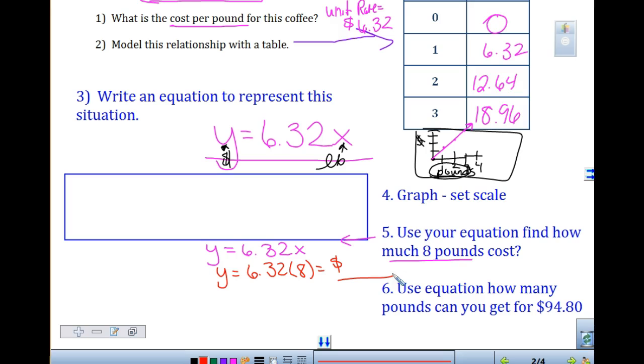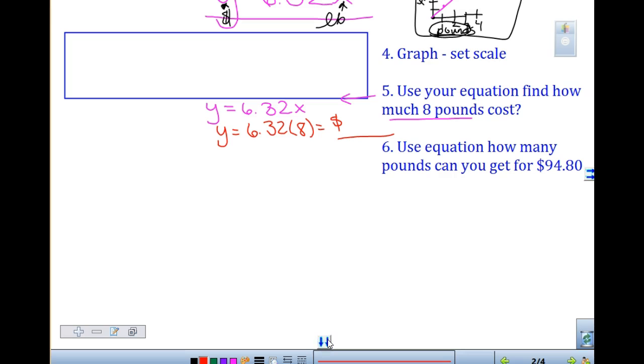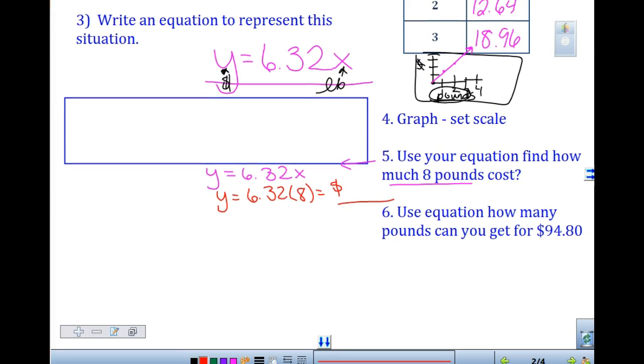Connor, question 6. It says use the equation. Tell me the equation you're going to write first. Tell me the equation I need to write down first when I go to solve number 6.